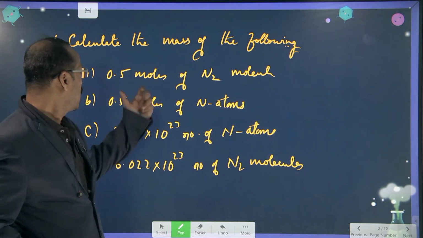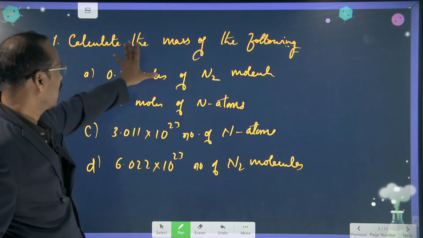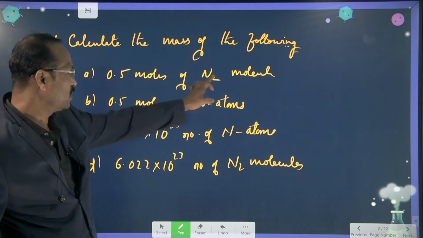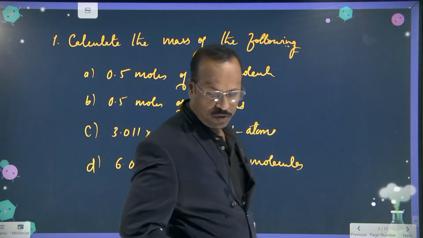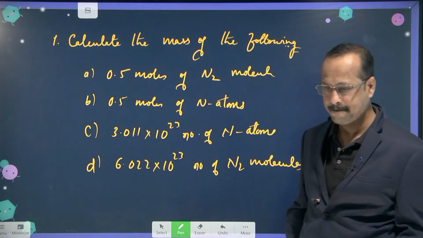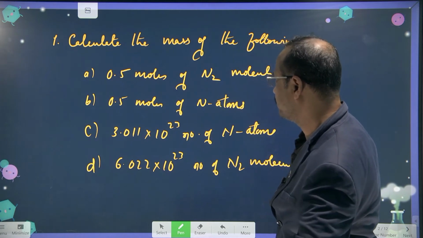Now the first one, calculate the mass of 0.5 moles of nitrogen molecule. How can you do this? Open your notebook, note down the sum first.